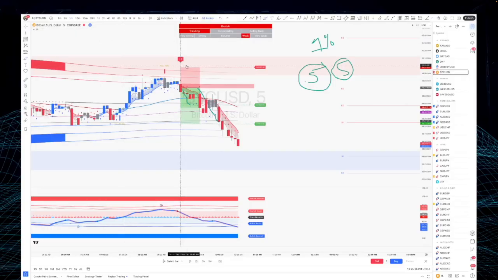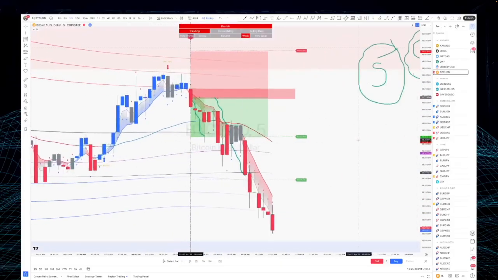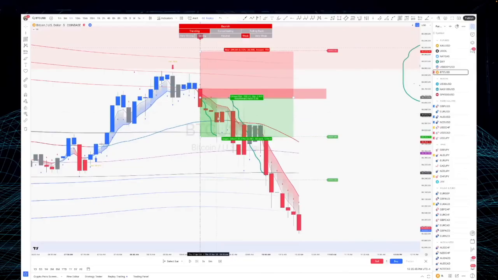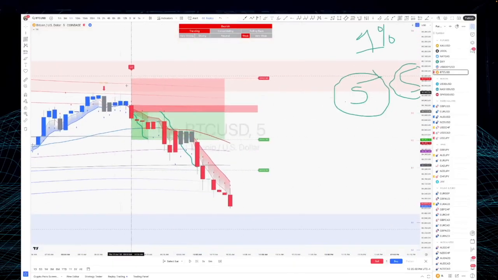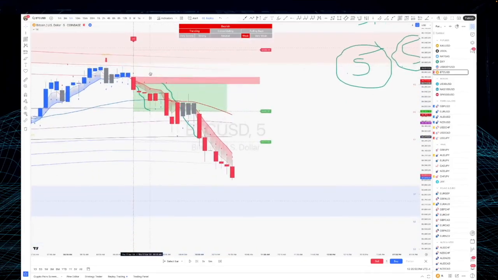Now, if you're only putting in one position, I always recommend shooting for TP1 first. And then as price gets close to TP1, you can adjust your stop loss to your entry to make it a break-even trade, and then take your TP1 and move it to TP2.